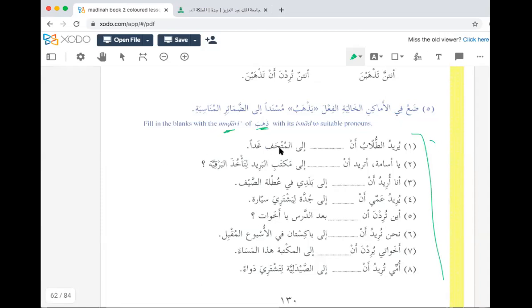So, number 1 is for Siddiq. Not Sadiq, Siddiq. Number 2 is for Abu Bakr, but I don't think he's here.